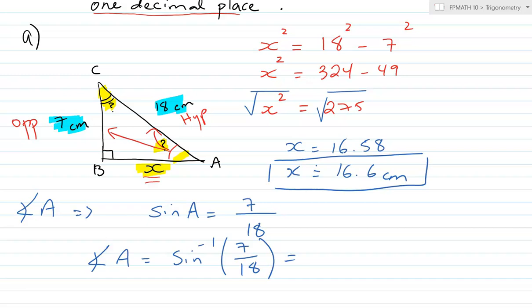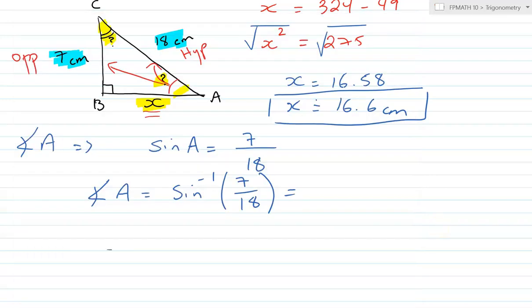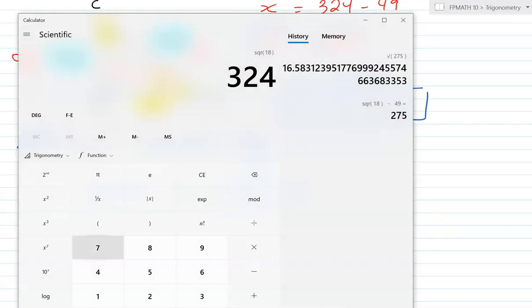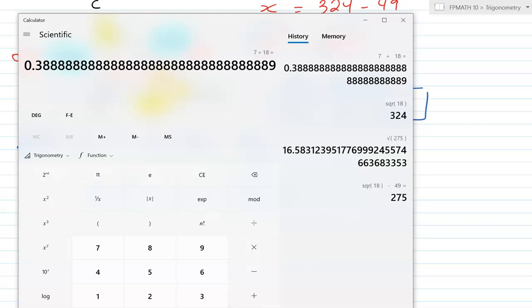And that's what you will do. So open up a scientific calculator. The first thing you got to do, make sure your calculator is in degree mode, which is right here. Then you say, okay, what was the ratio? 7 over 18. All right, 7 divided by 18. That equals, you get that value up here.